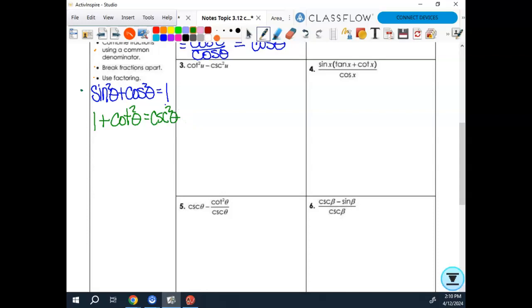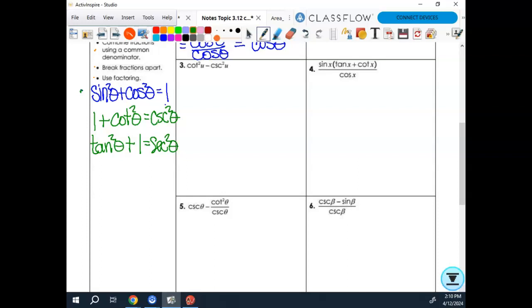All right, so then the other one I get is if I take this and divide everything by cosine squared. So the first term will be sine squared over cosine squared, which is tangent squared theta, plus then cosine squared divided by cosine squared is 1 equals, what's 1 over cosine squared? Secant squared. And so we just came up with the other two Pythagorean identities. Okay? Everybody good with that?